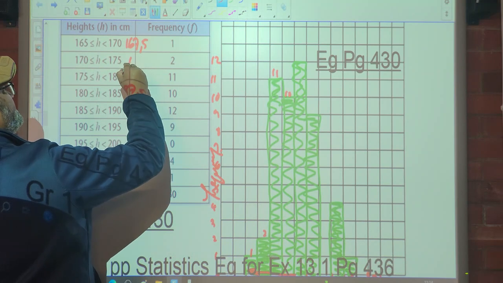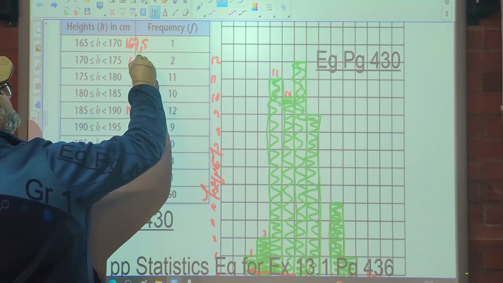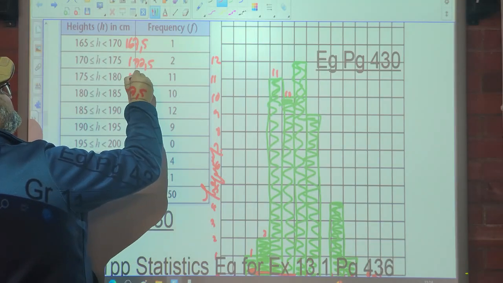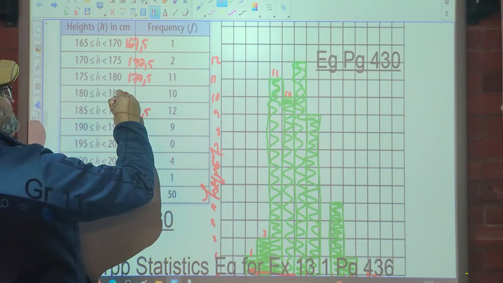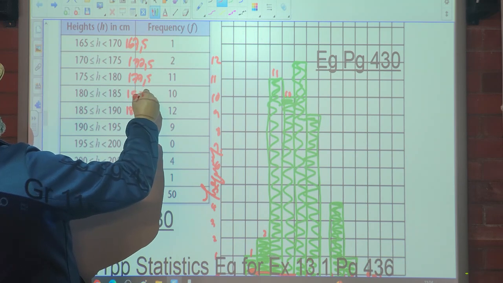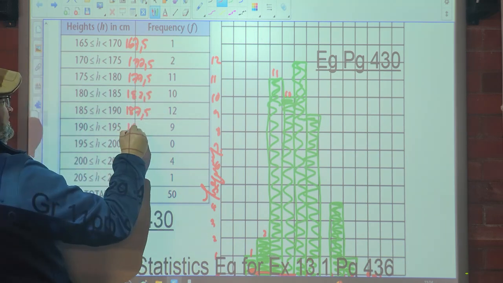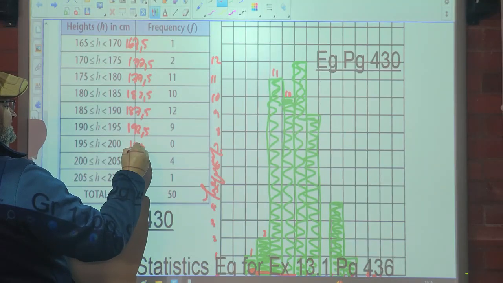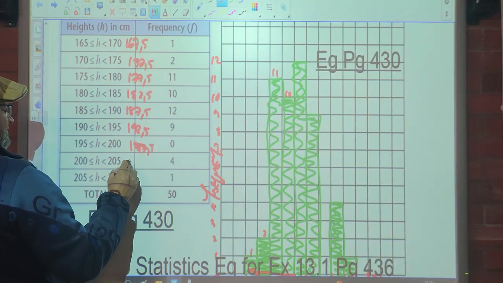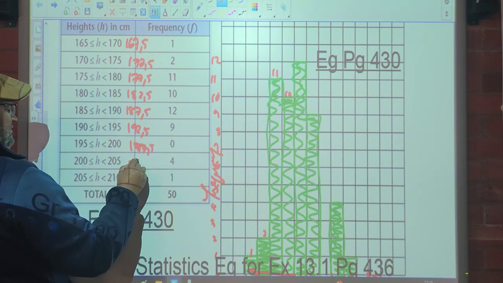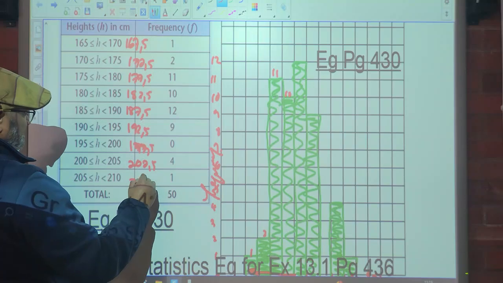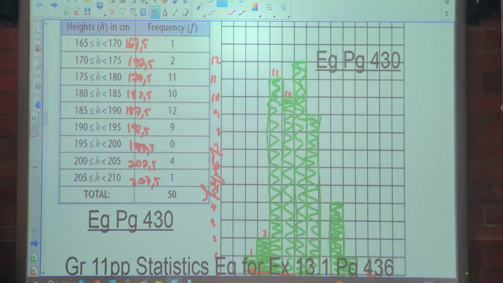Then 172.5, then 177.5, then 182.5, then 187.5, then 192.5, then 197.5, then 202.5, then 207.5. So that's the midpoint of these classes.